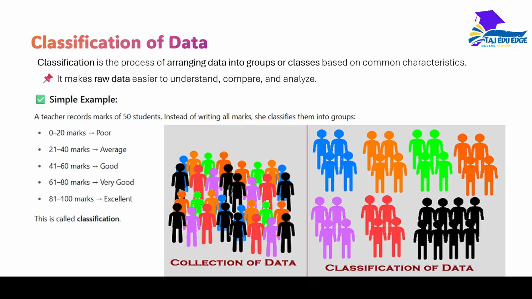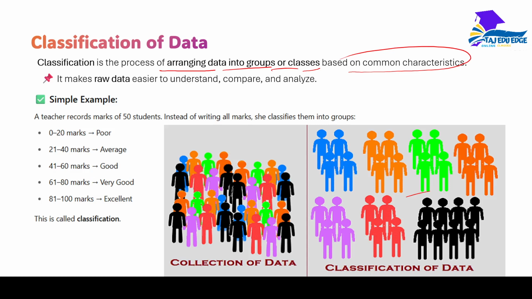Classification is the process of arranging data into groups or classes based on common characteristics. Common characteristics, I have given you a few examples like color, gender, income, education, location, age, or percentage of marks of the student, or subjects they have studied, like science, commerce, arts. Like that we can segregate the people, right?